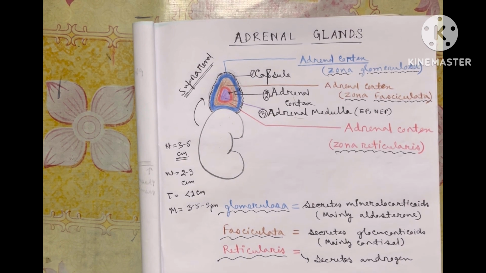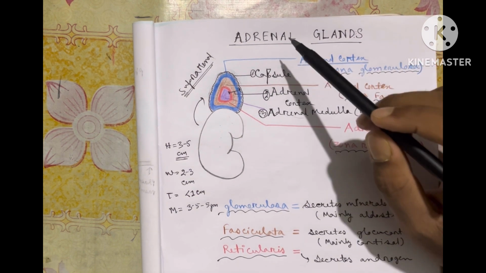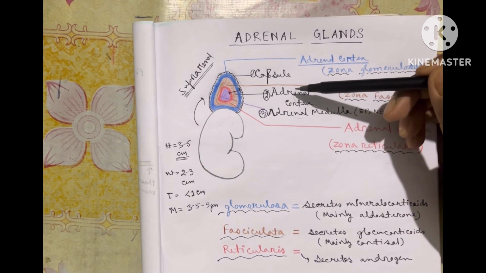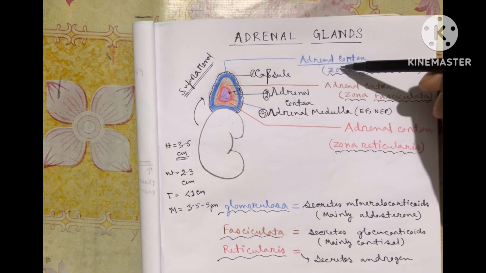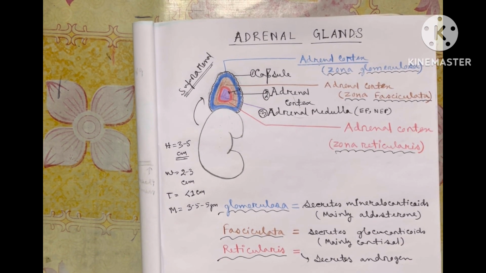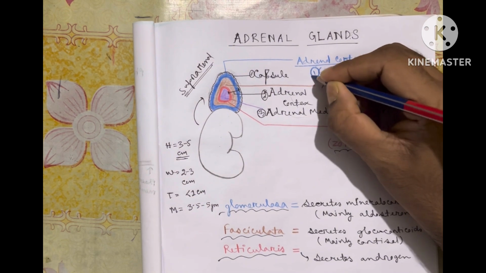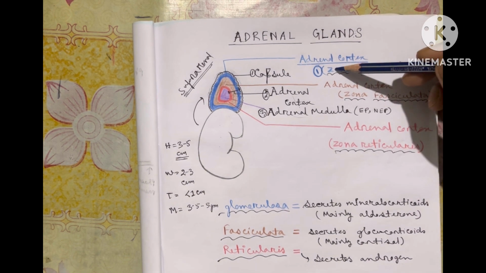Now, going one by one, what are the different secretions produced by these cells? The adrenal cortex has 3 different types of tissues. If we use different colors, this is the number 1 adrenal cortex tissue, called the zona glomerulosa.